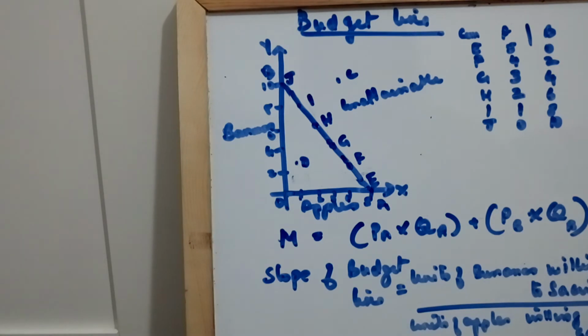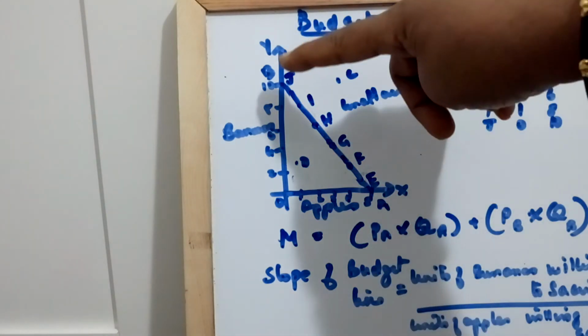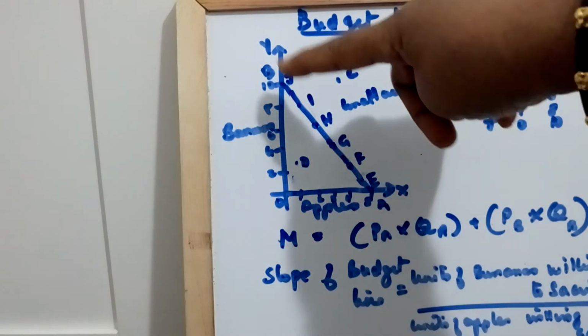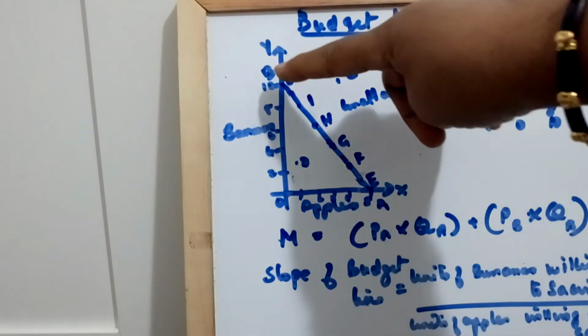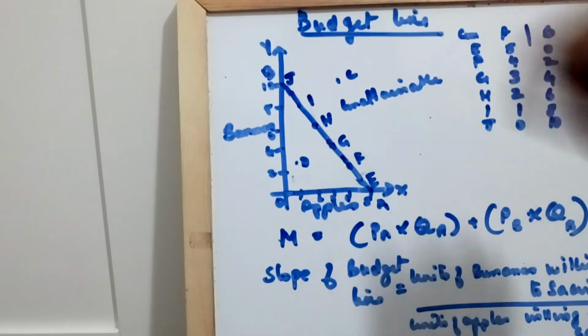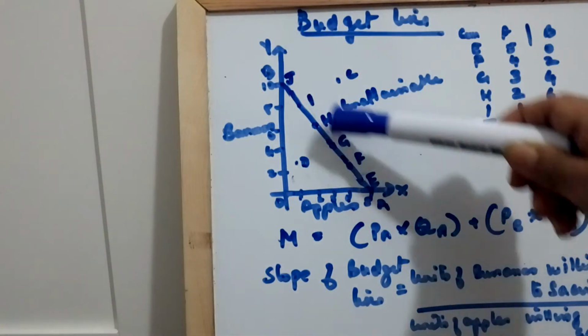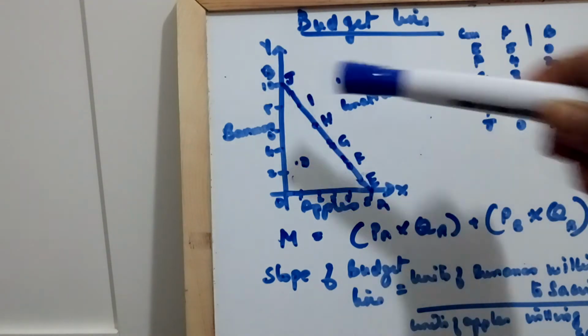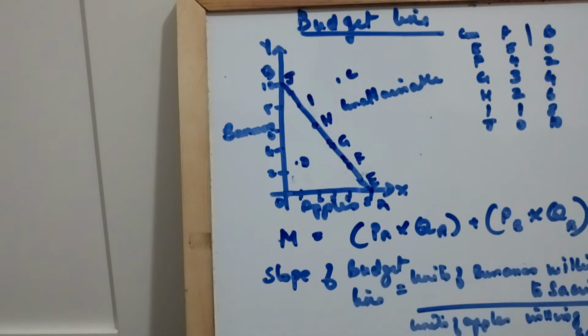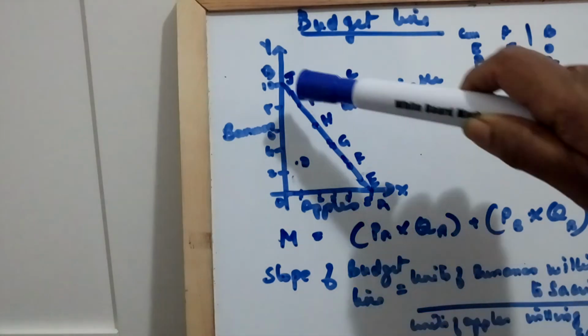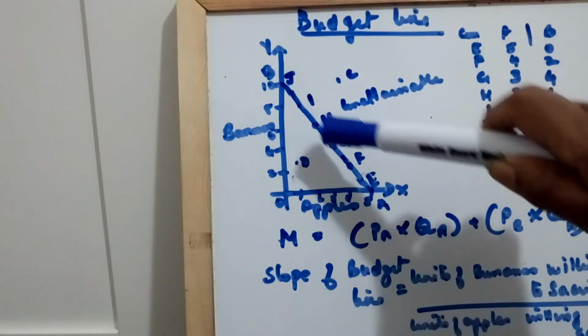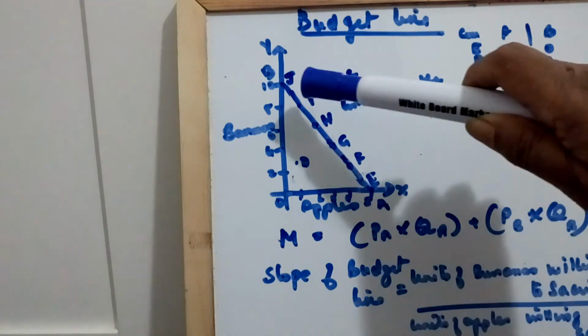and the line joining all the points is AB. This AB is a budget line or price line. Here you find on the budget line he has the capacity to buy all these combinations.